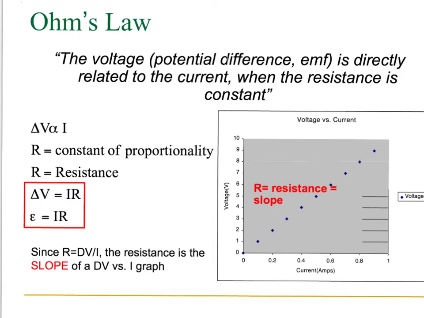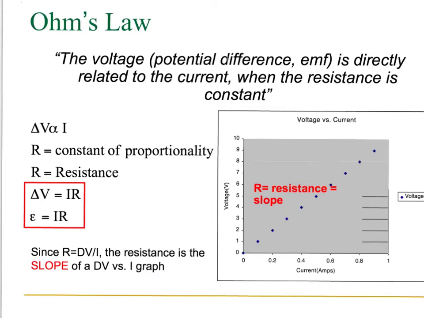If we were to write that in an equation, we would use delta V for potential difference is proportional to current. R is going to be our constant of proportionality, which is just the factor by how much one gets bigger compared to the other. In some cases, our factor can be 1.